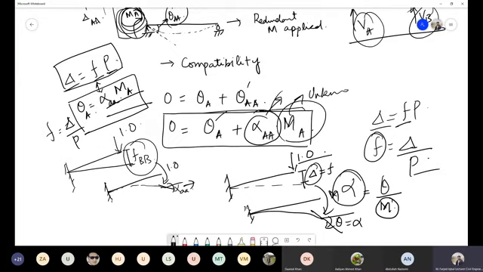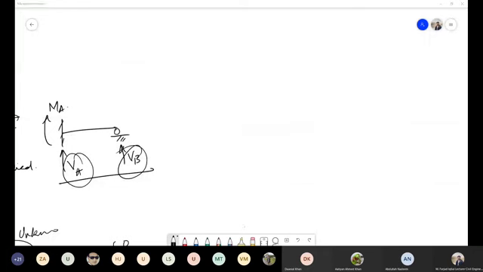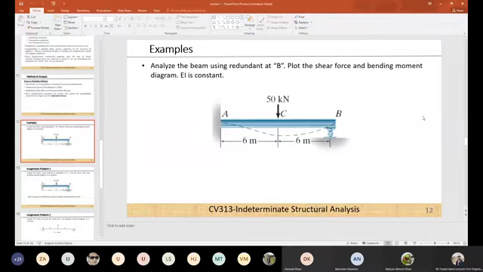अच्छा, लेट्स सॉल्व वन एग्जांपल, तो ये चीजें हमें क्लियर हो जाएंगी. Okay, so we have this beam.